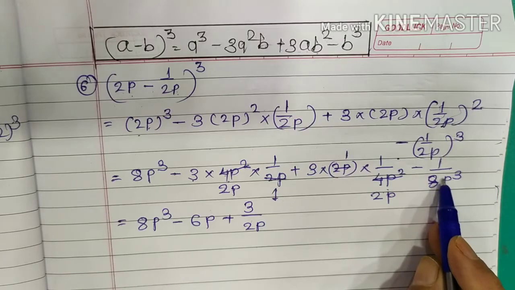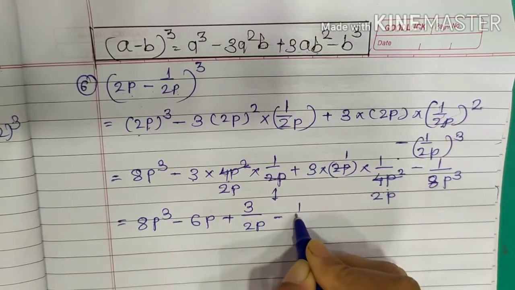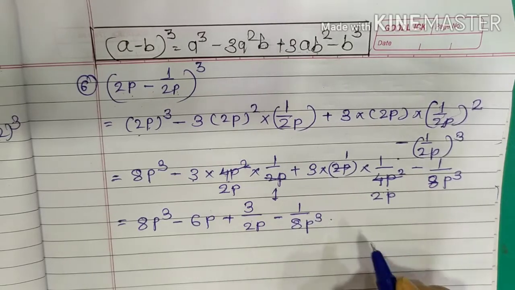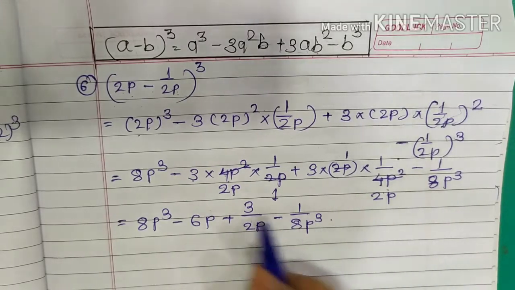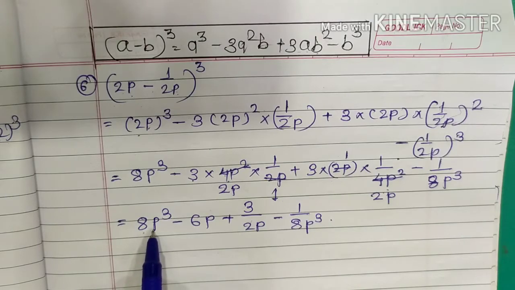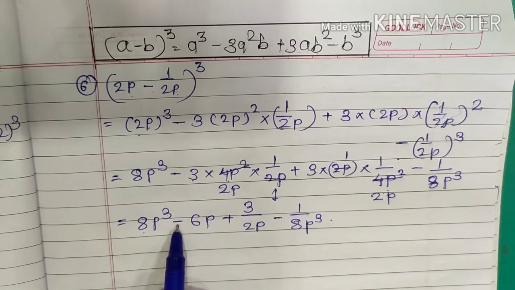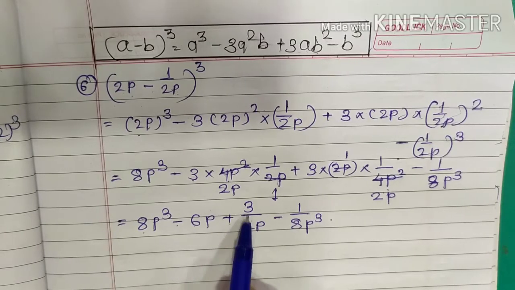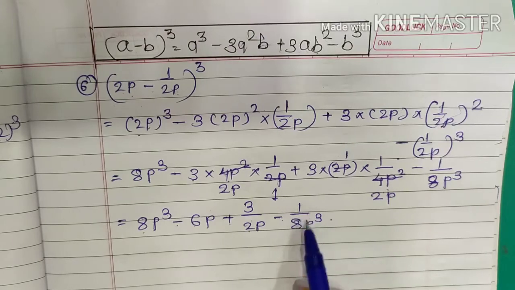And this is as it is, minus 1 upon 8p cube. So, we get 8p cube minus 6p plus 3 upon 2p minus 1 upon 8p cube.